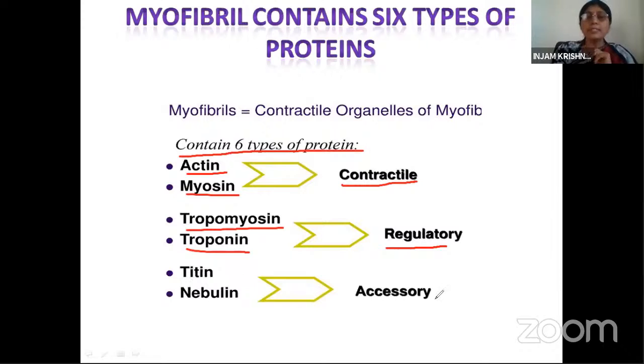And accessory proteins. Accessory proteins are titin and nebulin. Where are they located? Where do they arrange? What are the functions of titin and nebulin? Have you heard of those names, titin and nebulin? If you have, fine; if you haven't, just remember them.